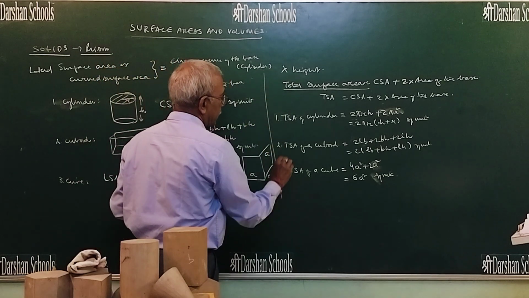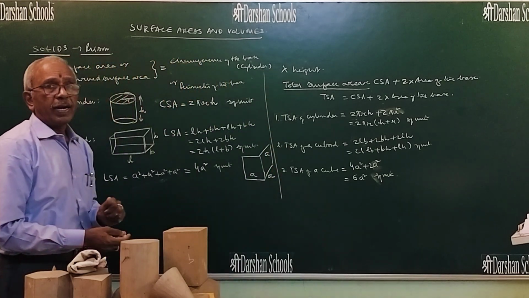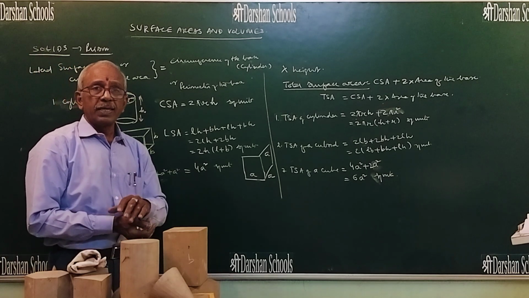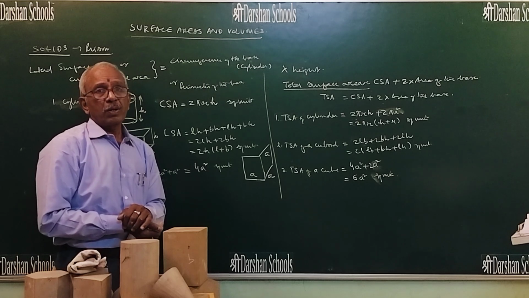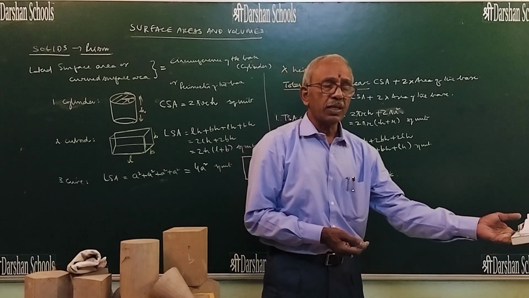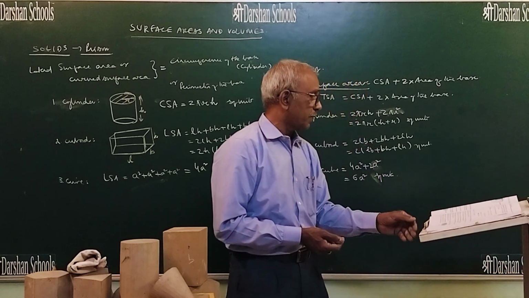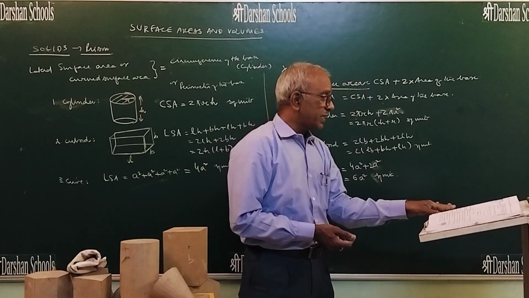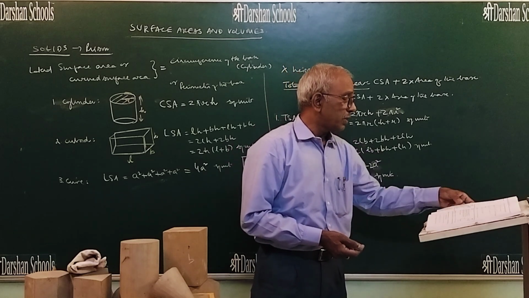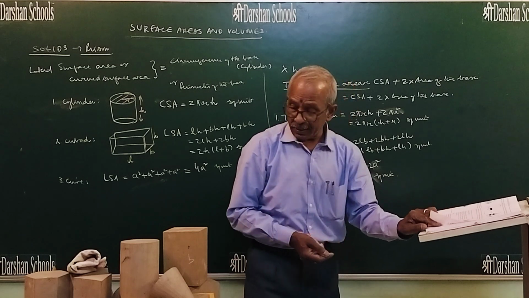Now, using these formulae, we can find the curved surface area or total surface area of single solids or mixed solids. So mixed solids or single solids both are given as examples in your textbook. As you see, find the total surface area or curved surface area of different solids given.